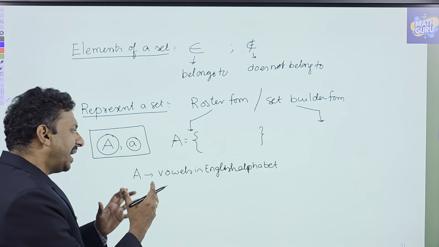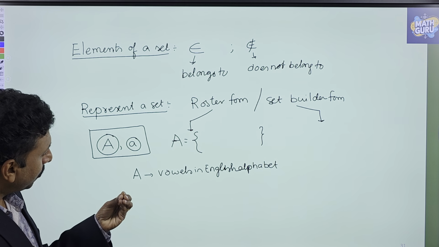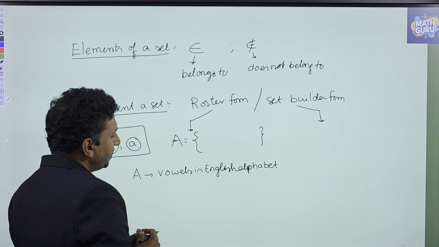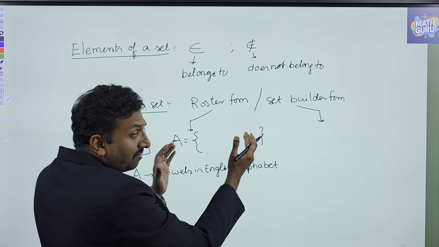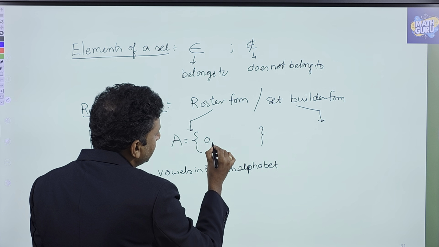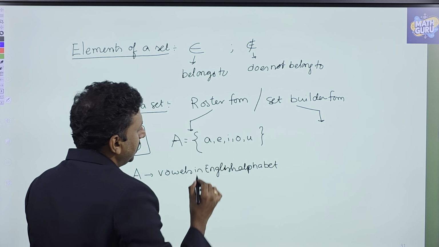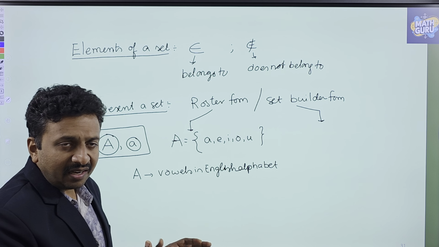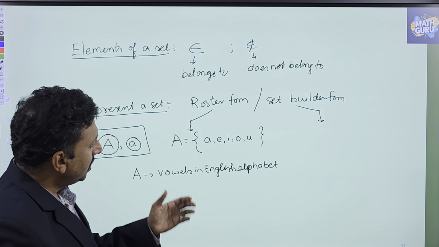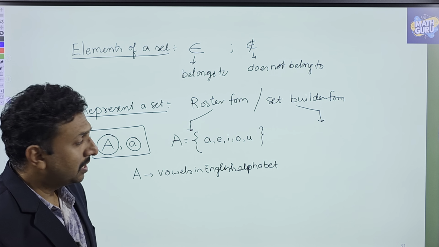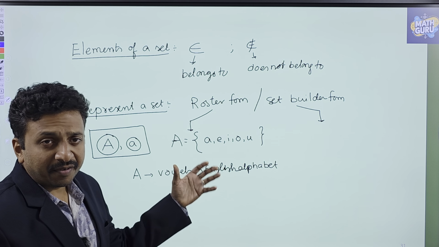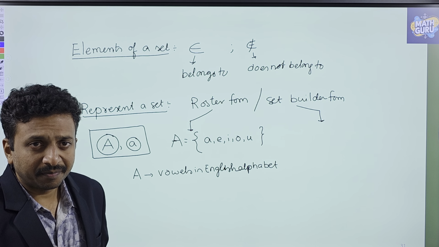The roster form of this set would be A is within curly brackets the elements a, e, i, o, u. There are 5 elements in this set and we write all the 5 elements separated by commas. This type of representation is called roster form.